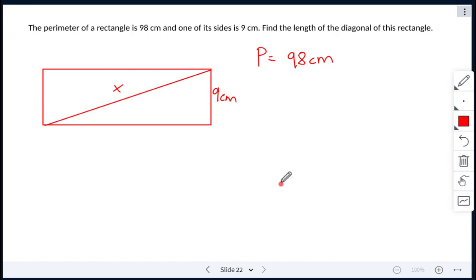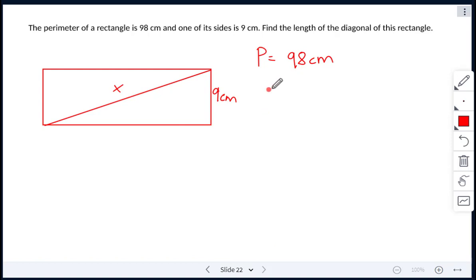And we have to figure out the length of the diagonal of this rectangle. So from here to here, that's the diagonal, and we've just called it x. So the first step we have to do here is figure out this length before we can figure out x, because we need to know two sides before we can use the Pythagorean theorem to solve for the diagonal.